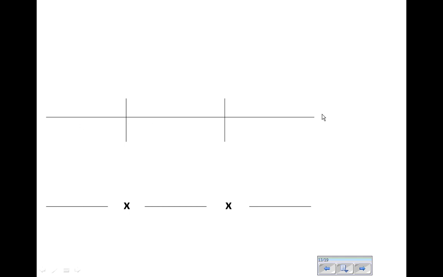We have our horizontal line with our vertical lines. And this may be a new method or system that you have not used before, but I want you to realize that it is simply ratios or fractions.